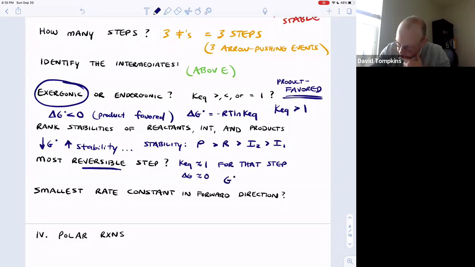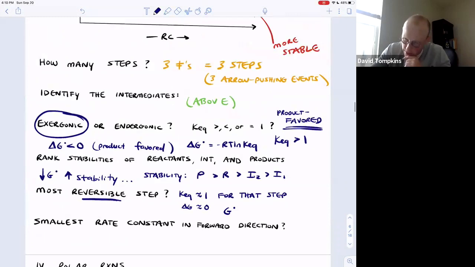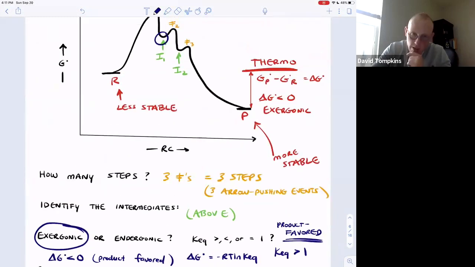And because the free energy of the intermediates, intermediate 1 and intermediate 2, they're pretty close in energy, right? This difference here is much smaller than the difference between reactants and intermediates, or the difference between intermediates and products. This step is the most reversible, or the intermediates reverse back and forth until the reaction reaches equilibrium.